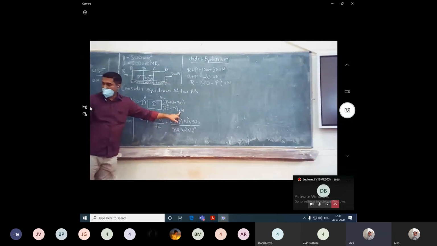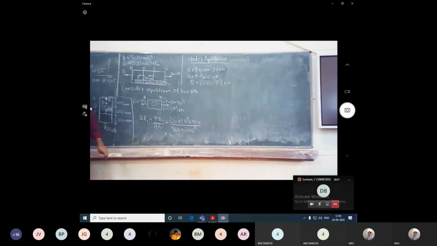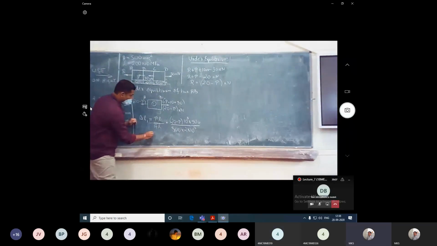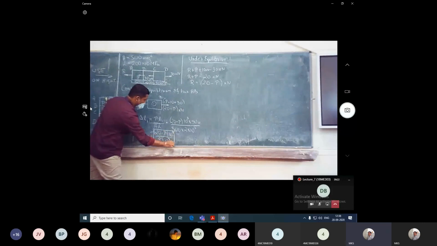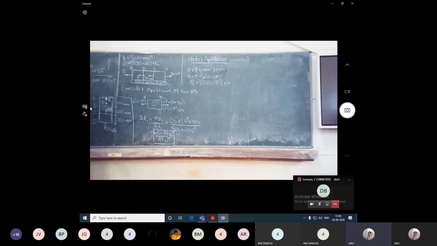Substituting to be done in newtons. Or else you just keep this as a fraction only. Whatever is there, keep it. So it is 20 minus P. So at last we'll substitute into 10 to the power of 3 divided by 2 into 10 to the power of 5. Just keep this as it is.